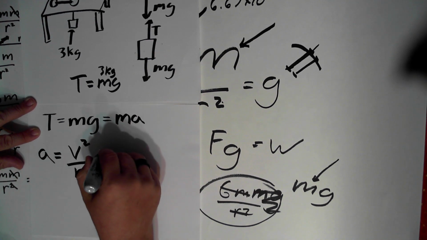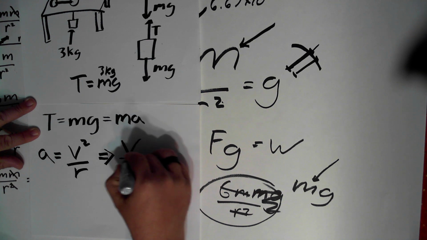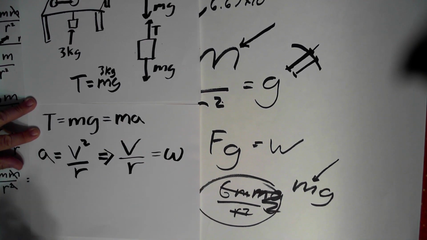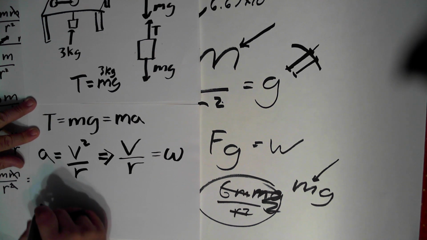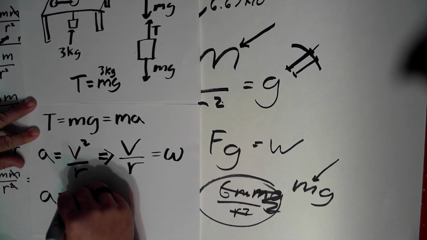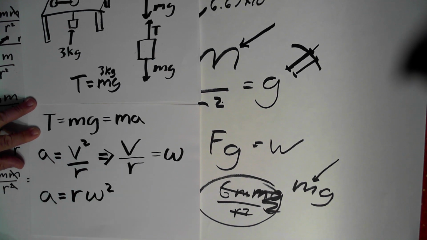I'm going to say that v over r is equal to omega, angular velocity. So that means that a is equal to r omega squared. And this is going to tell me how fast it's spinning.